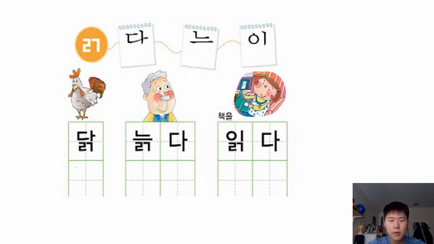So next is 닭. Like we learned before, the 리을 gets sort of cancelled out, right? So it just sounds like it's only a 기역. However, you still have to write the 리을. So we write 디귿, 아, and then 리을, and then 기역, 닭.